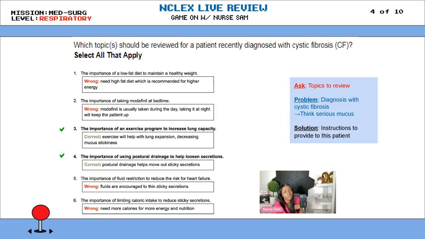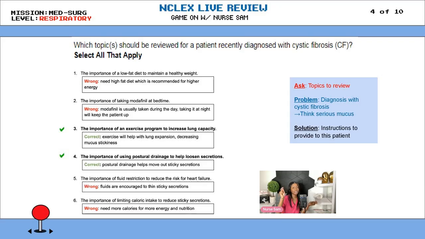1 says the importance of a low-fat diet to maintain a healthy weight. This is wrong. It's the need for a high-fat diet. Let me bring this back up so you can see. That's what's recommended for higher energy. Again, remember when I said pay attention to your descriptor words? Pay attention to those adjectives.